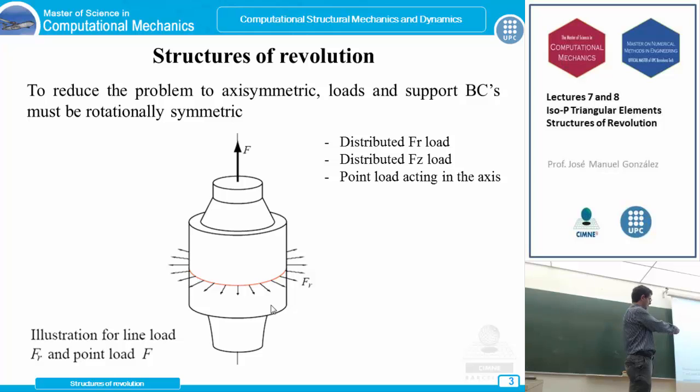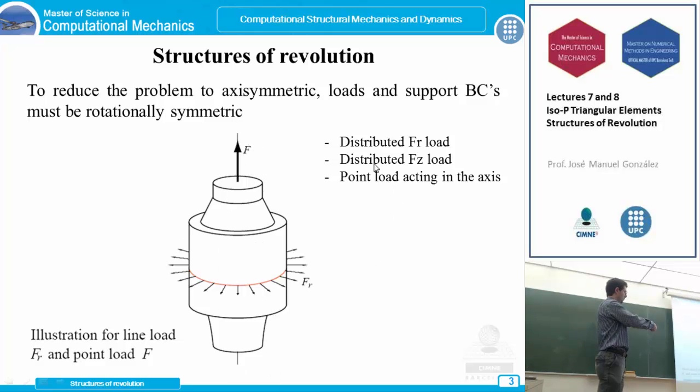So a case of loading we can consider is a distributed load in the radial direction. Imagine this is our structure and this is our radial load. Okay? We call it FR, in this horizontal plane. This is the plane normal to the axial axis.